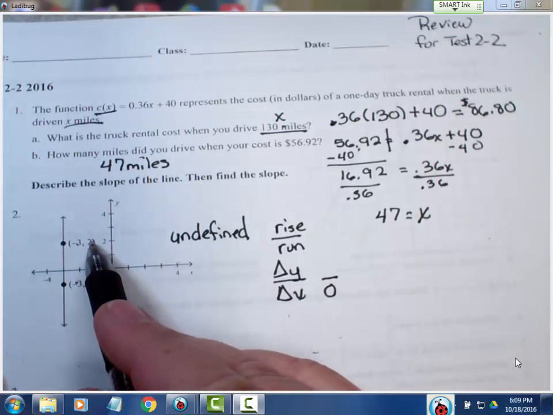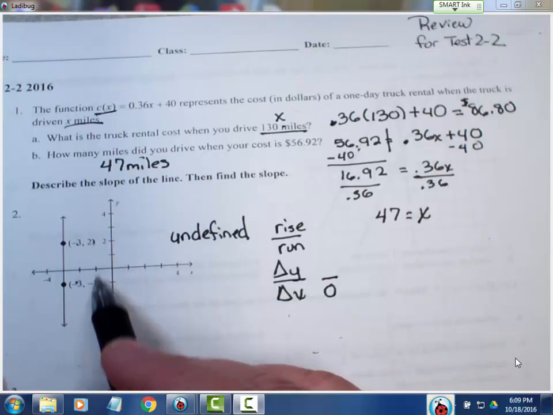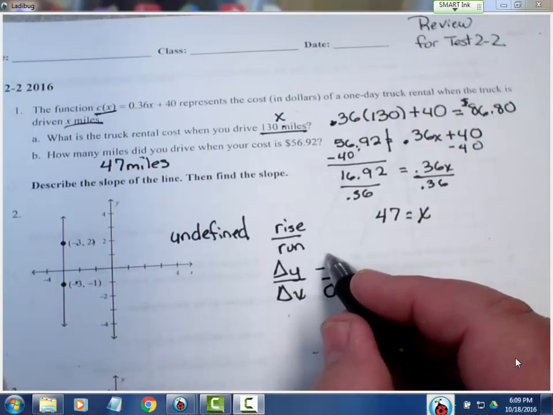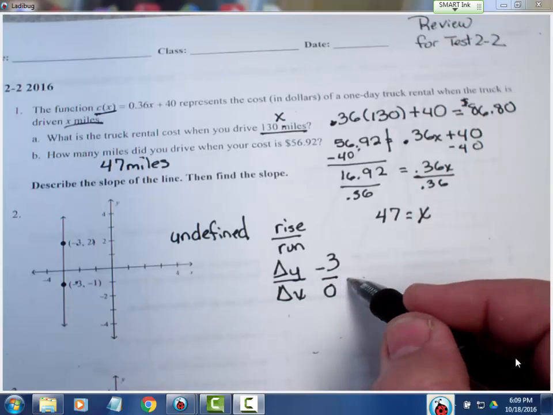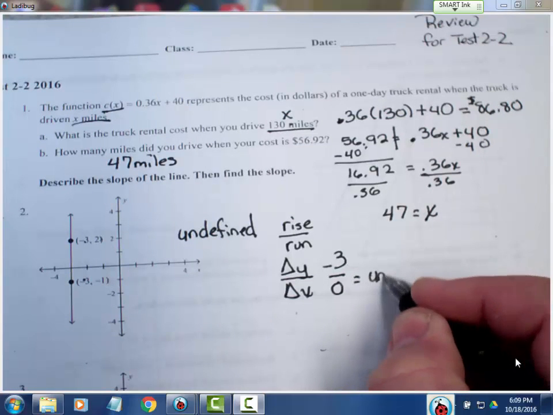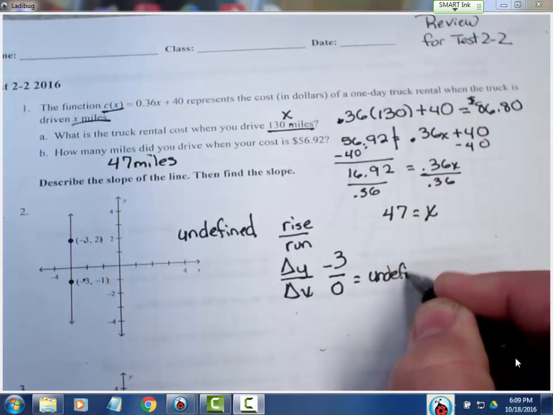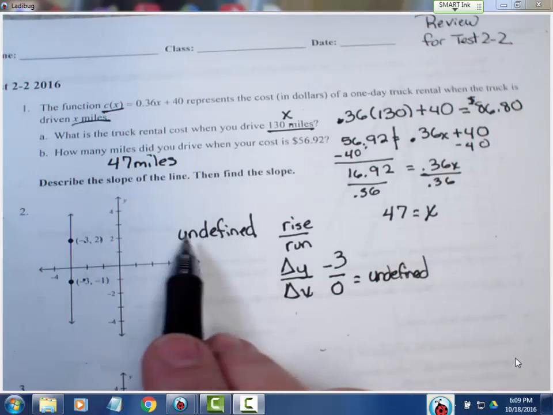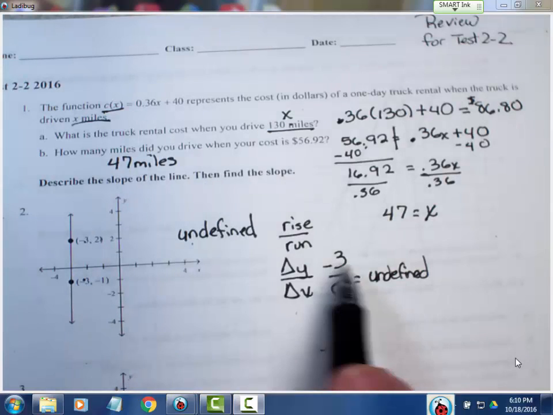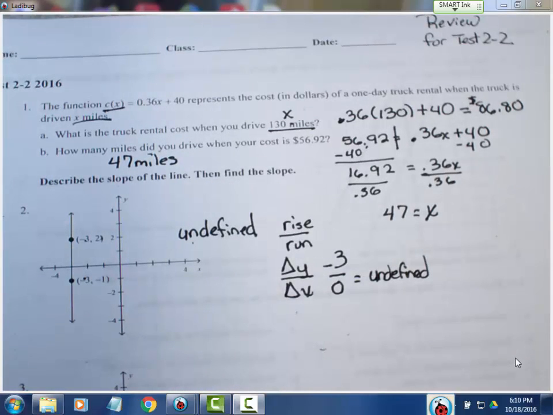We went from 2 to negative 1, so we went down 3. And so when you divide negative 3 by 0, that is undefined. So in this case, both answers: the slope of the line is undefined. Find the slope, it's still undefined.